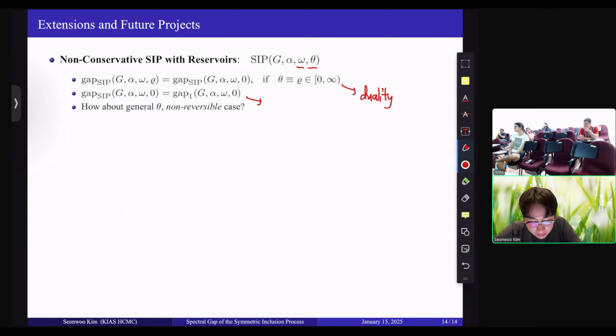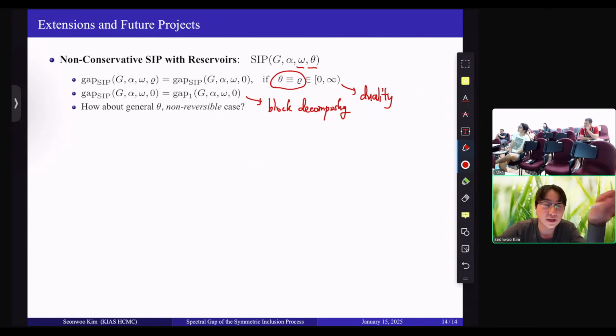With similar block decomposition ideas, you can prove that for the reversible case, where the reservoir density is constantly a single real value, the one-particle gap identity holds. So every spectral gap for this value is exactly the same as the spectral gap for one particle.